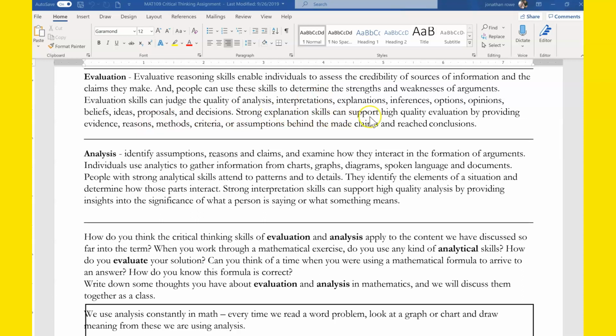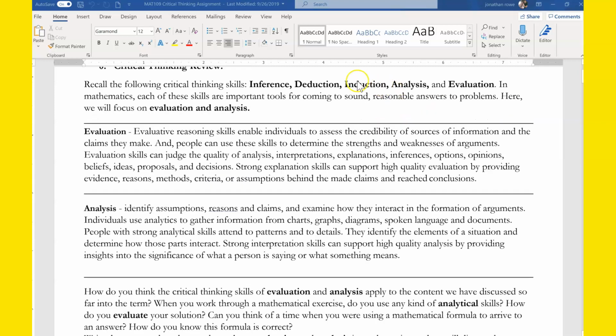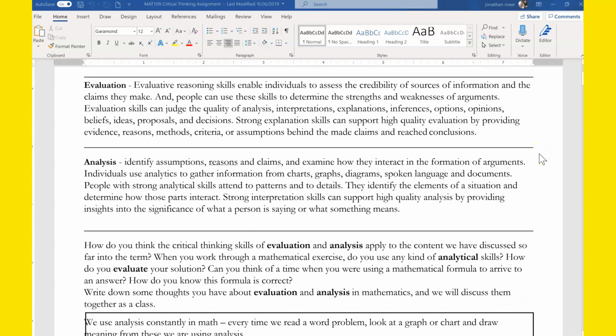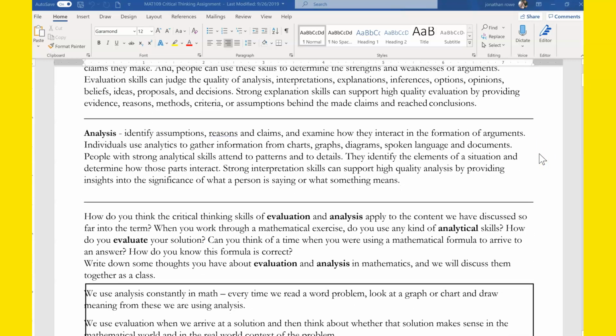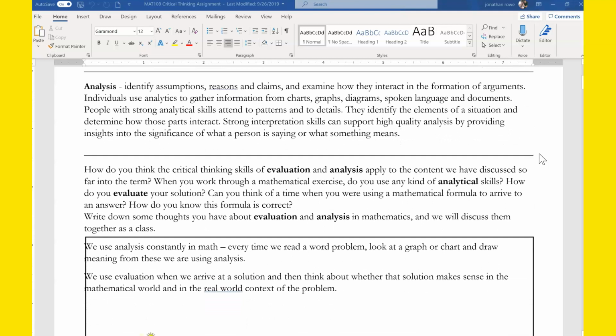Strong explanation skills can support high-quality evaluation by providing evidence, reasons, methods, criteria, or assumptions behind the claims made and conclusions reached. So evaluation takes the conclusions and the claims formed by these other skills and makes a judgment on those. So you can judge the strength or weakness of those claims and conclusions.